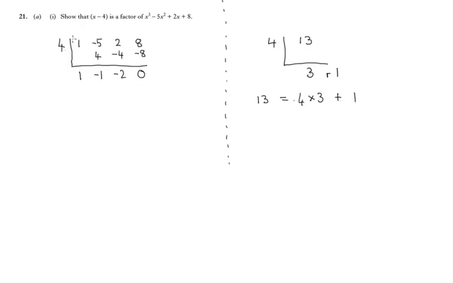So in the same way, we can say that x cubed minus 5x squared plus 2x plus 8 is equal to, now that was 4 times 3, so this stands for x minus 4.